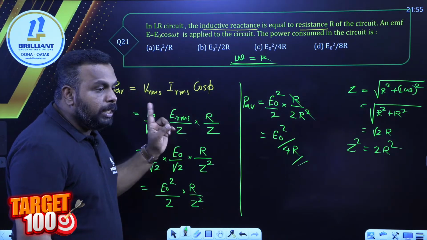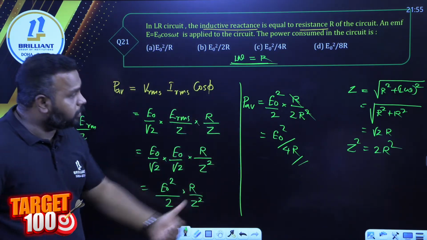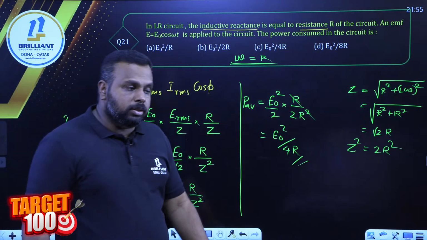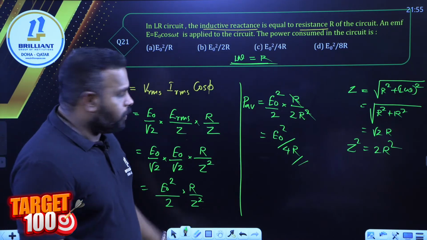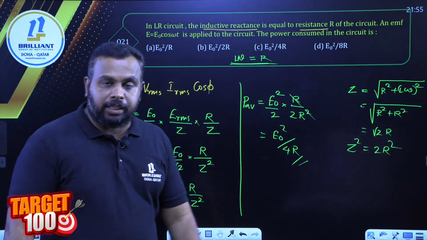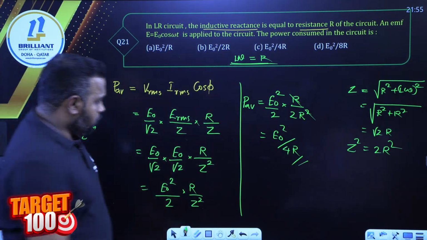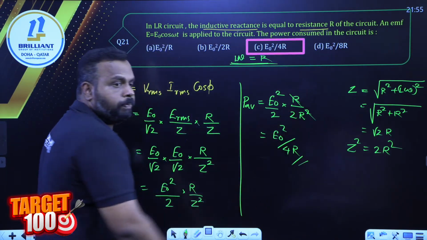No. Please be careful, it's a tricky question. There are more steps, so don't make any mistake. We are starting from the basic formula only. P average is equal to V RMS I RMS cos phi, and we are finding power factor separately, impedance separately, and finally we are reaching the answer. It's option C, E naught square by 4R.